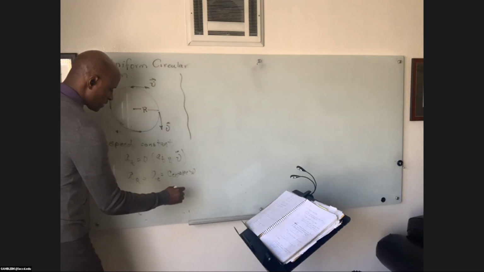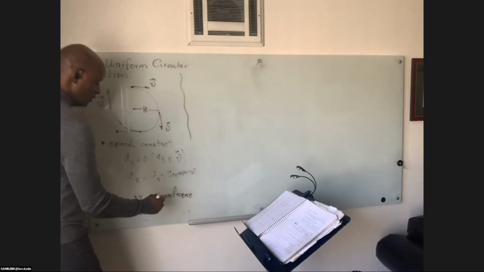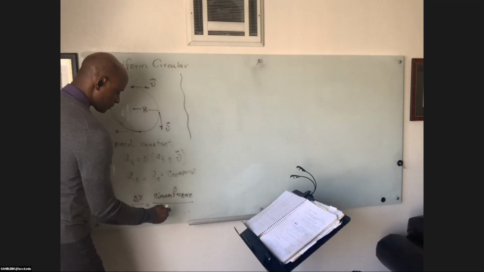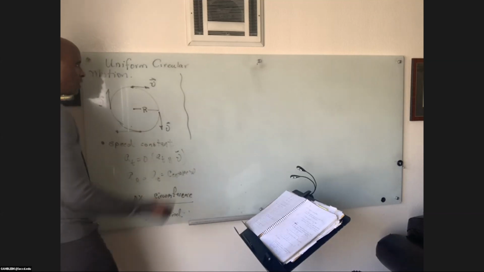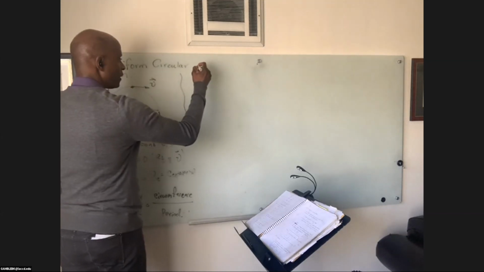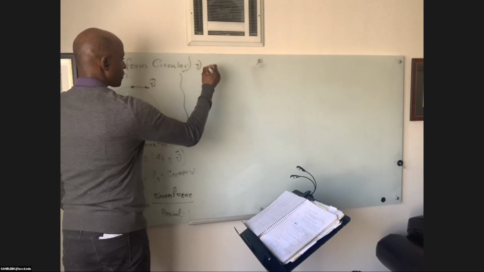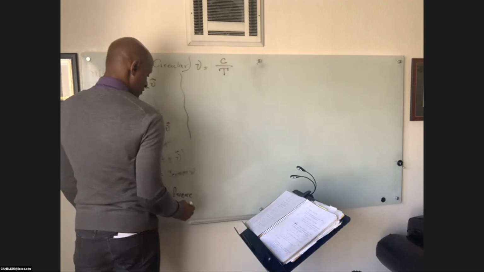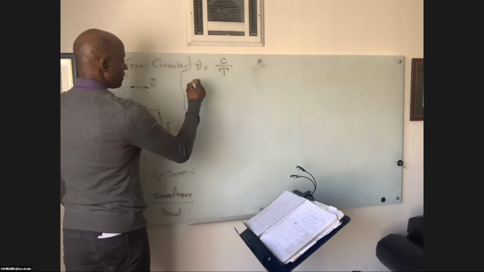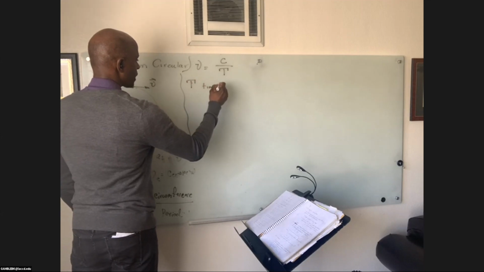And we can define a time period for one cycle, which we call the period. So we can write the speed of an object experiencing uniform circular motion in terms of the circumference and the period, which I'm going to use with a capital T. Period is the time per cycle.